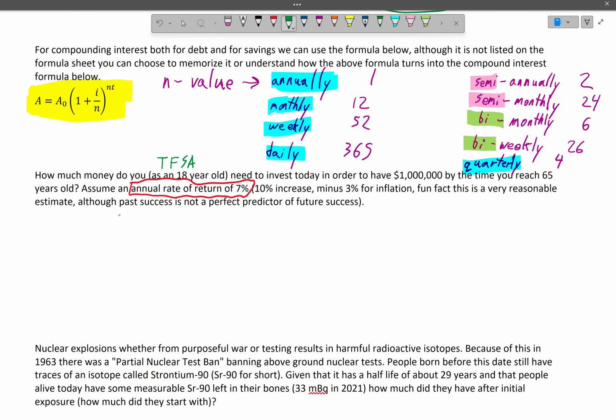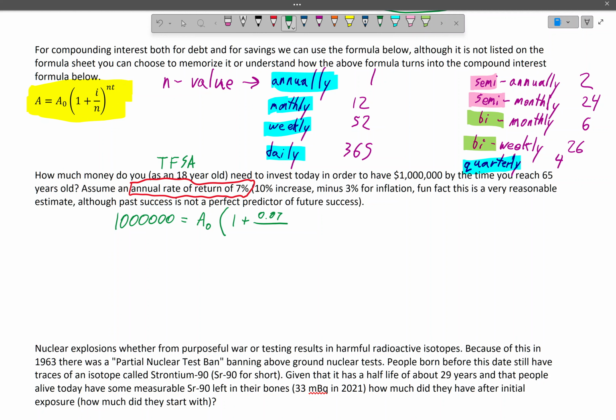So we want to have $1 million by the time we are 65 years old. So the question is, how much do I need to invest today, which is A naught, in order to get that? So I'm going to go 1 plus, and then I'm going to put in my interest rate.